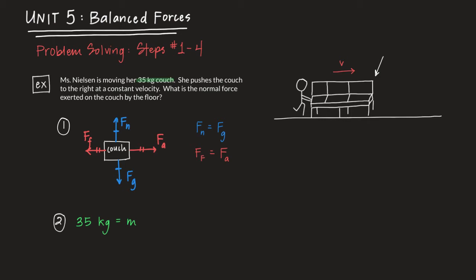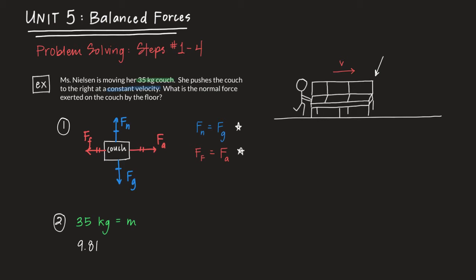Another thing that we always know is when the object is on Earth, it's subject to the force of gravity. And we know that the force of gravity results in an acceleration. So that acceleration is equal to 9.81 meters per second squared.